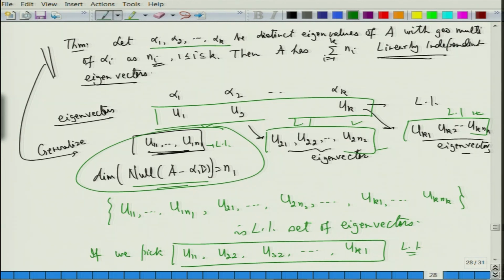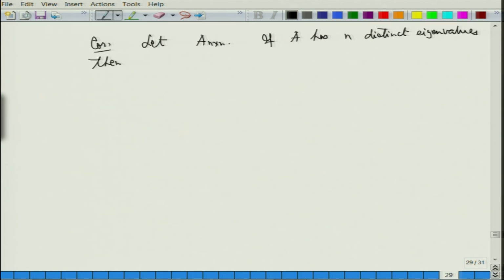All right. So, as a corollary of this, let A be n cross n. If A has n distinct eigenvalues, then A is diagonalizable.